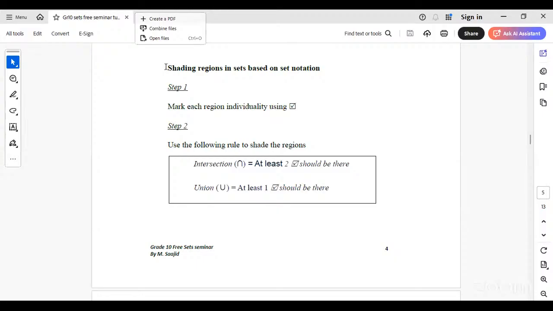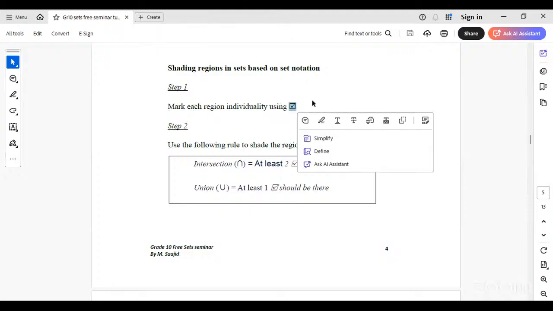Normally I have two steps in the shading of a set. Step one: mark each region individually. Use the tick. Step two: use the following rule to shade the regions.